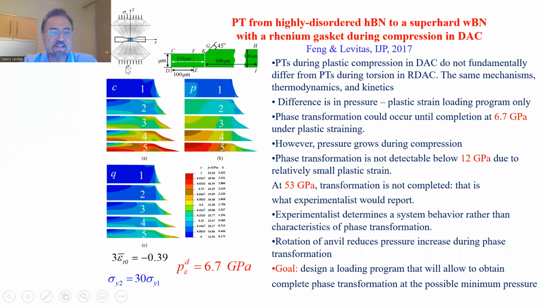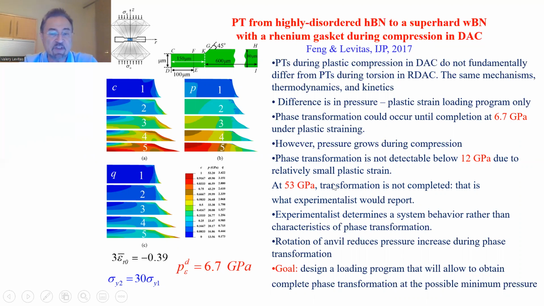But when we compress a sample, pressure grows along with plastic strain. And what we obtain in our modeling is that actually phase transformation is not detected below 12 GPa. And even at 53 GPa in this region, phase transition is very far from completion.